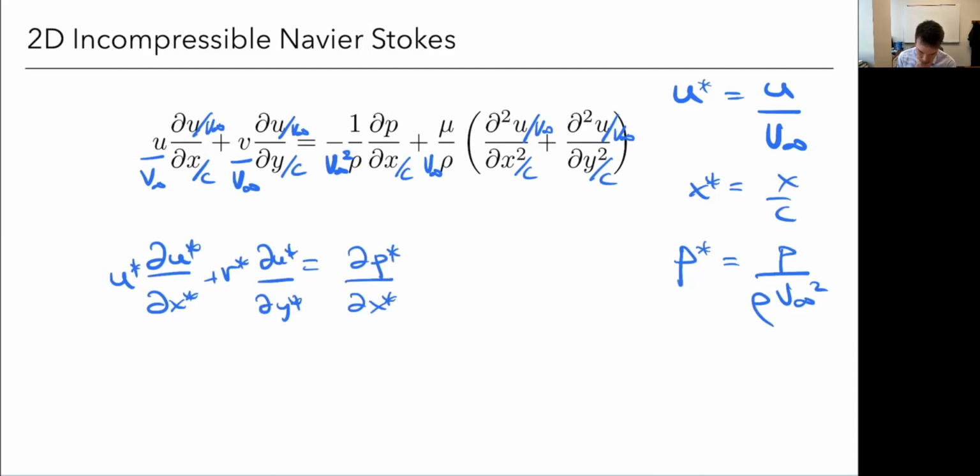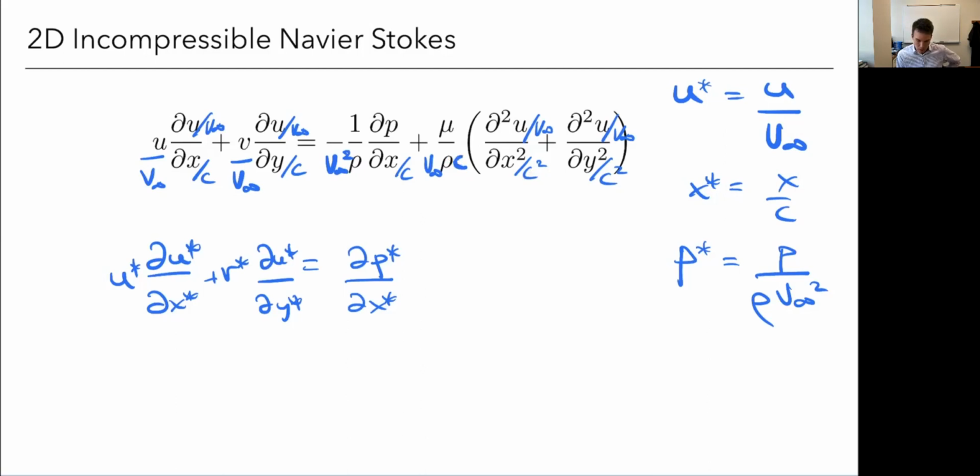And now this one looks pretty good. This is non-dimensional, this is non-dimensional, but this has two x's here, right? This is x squared. So I'm going to need to divide by another c. I'm dividing on the bottom. So in other words, I'd need to put another c here, right? So it's like putting a c on the top and the bottom in this denominator.